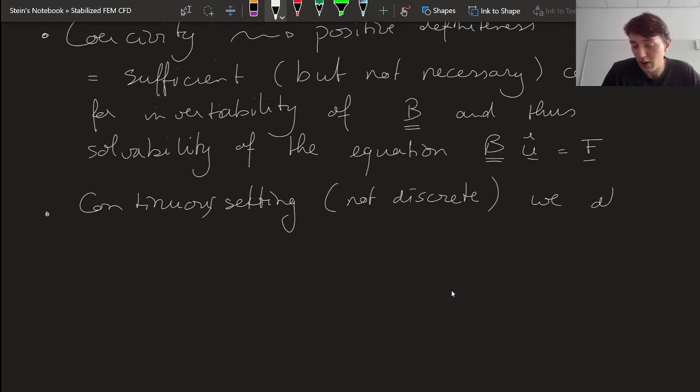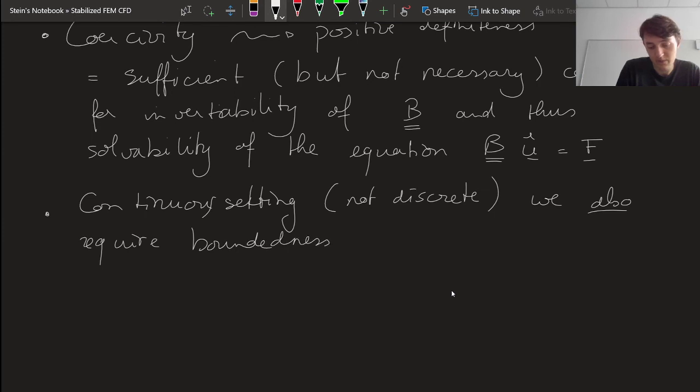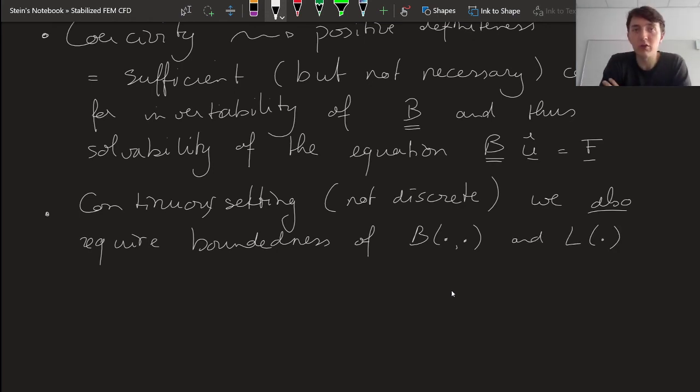We also require boundedness of B and L. So in a discrete setting, boundedness is guaranteed already. In a continuous setting, we have to prove this.